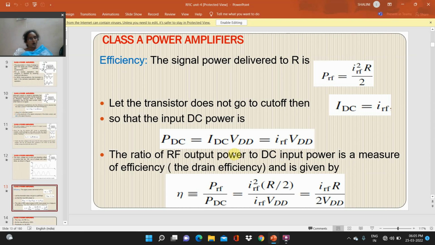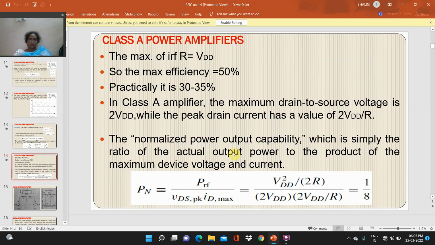The ratio of RF output power to DC input power is a measure of efficiency, given by eta equal to PRF by PDC, equal to I squared RF R by 2 divided by IRF times VDD, so eta is equal to IRF R by 2 VDD.